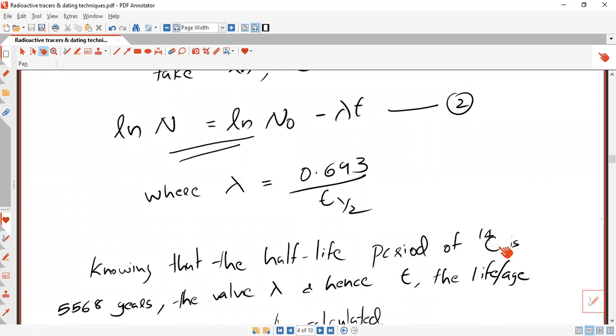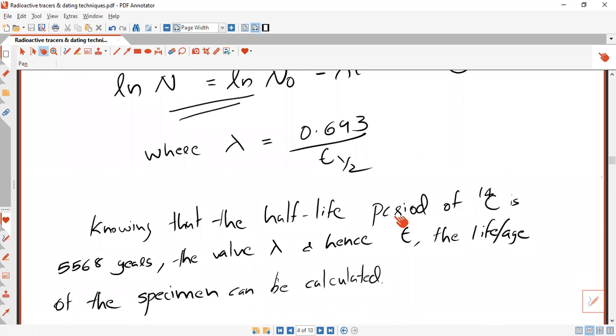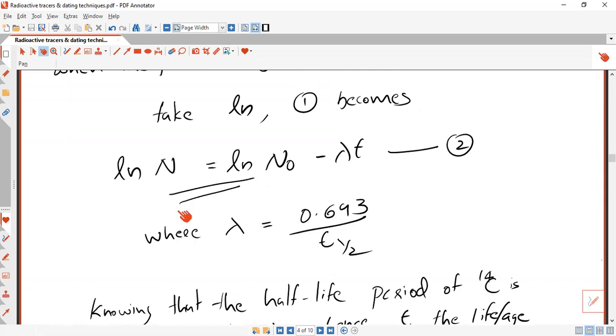Knowing the half-life period of C14 is 5,568 years, we get the value of lambda, and hence T, the age of the specimen, can be calculated. Knowing N0 and lambda, we can calculate T.